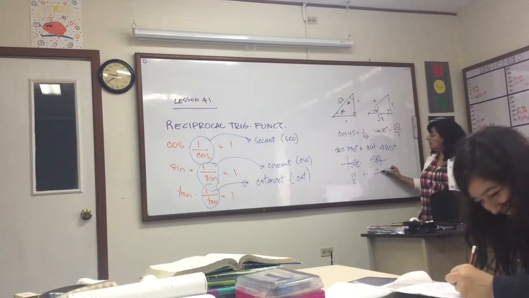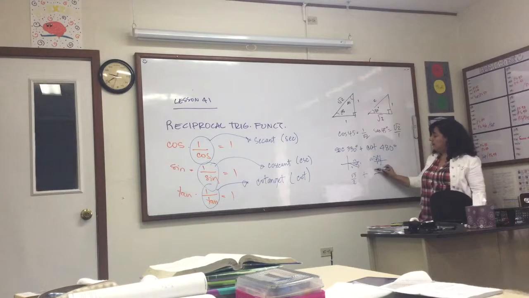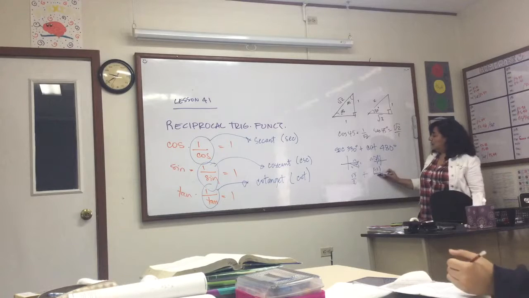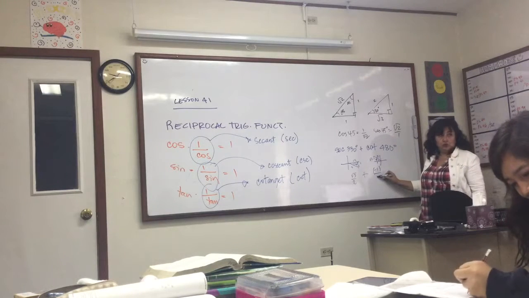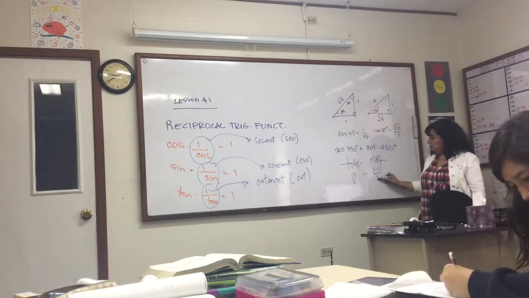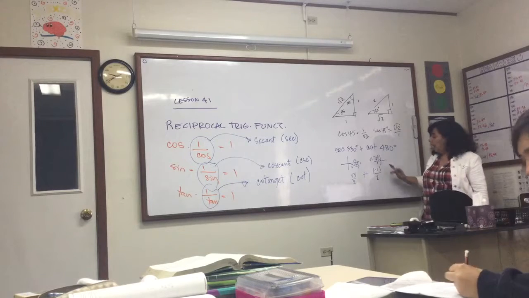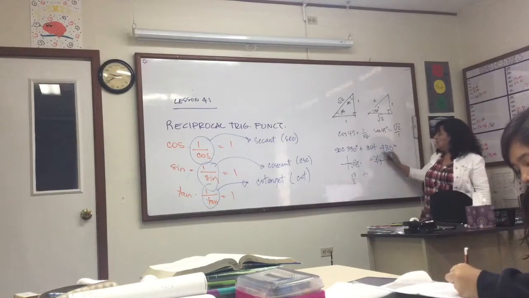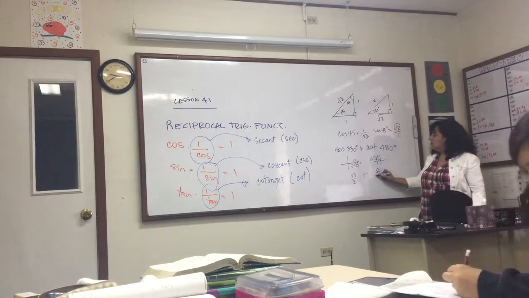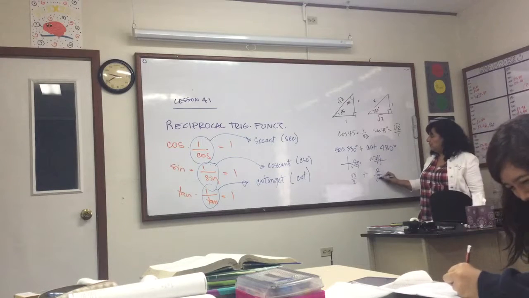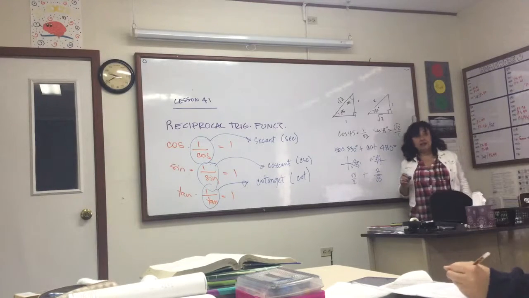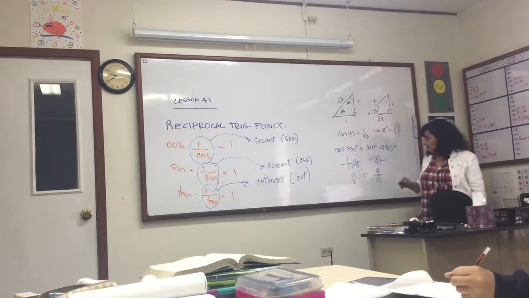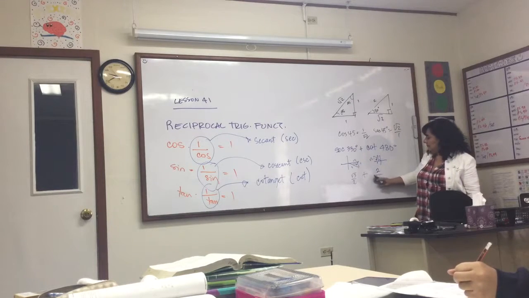Adjacent is 1, over square root of 3. No, it's tangent. It's opposite over adjacent.